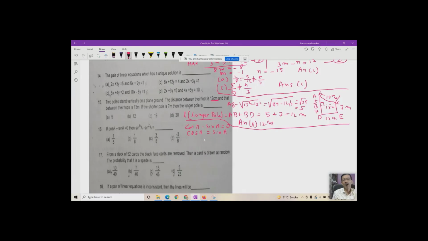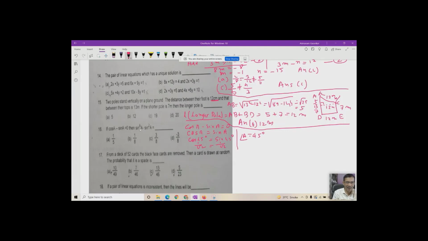That can happen for complementary angles only. So how much is cos of 45 degrees? And how much is sine of 45 degrees? Is it not equal to 1 upon root 2? And this side is also 1 upon root 2. So therefore, angle A is 45 degrees. From this, we come to know that angle A is 45 degrees.